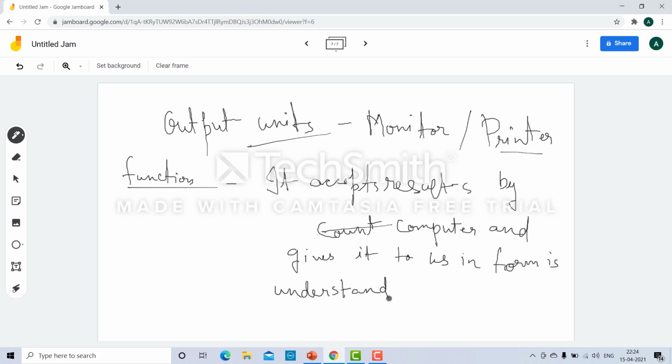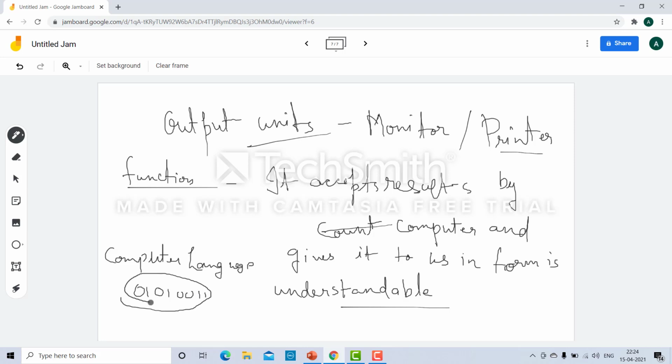If we get the output in computer language, we will not be able to understand, because computer language means it will be giving us the answers in the form of binary bits, that is 0, 1, 0, 1, 0, 0, 1, 1. If we get the answer this way, will we be able to understand? No. So it accepts the results from the computer and gives them to us in a form which we can understand.